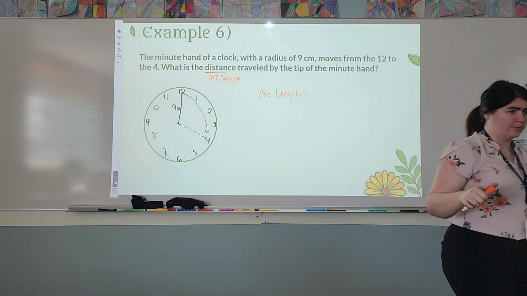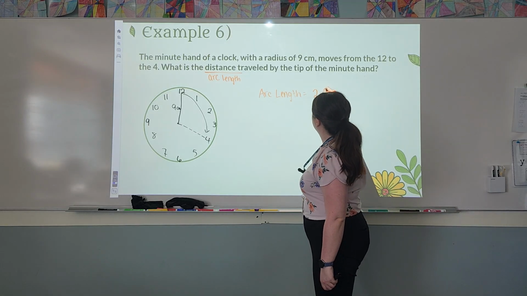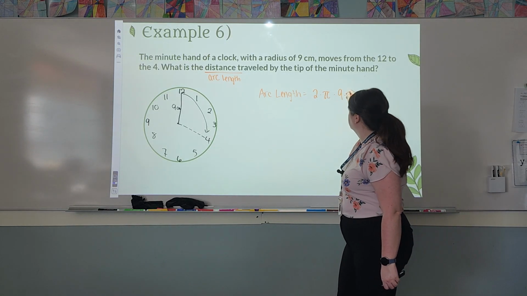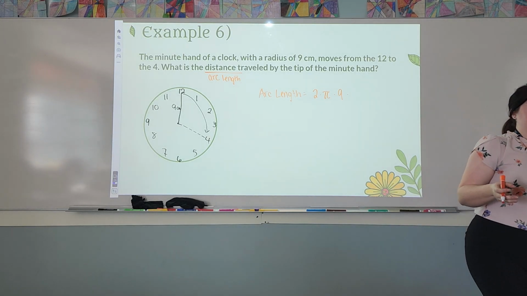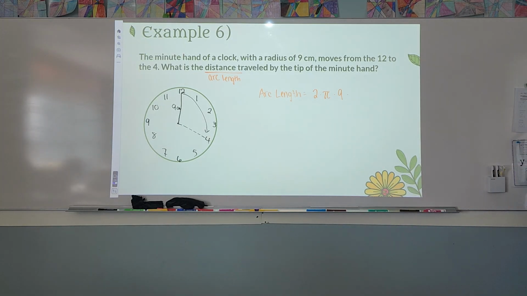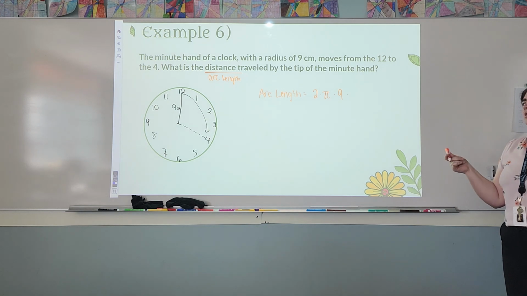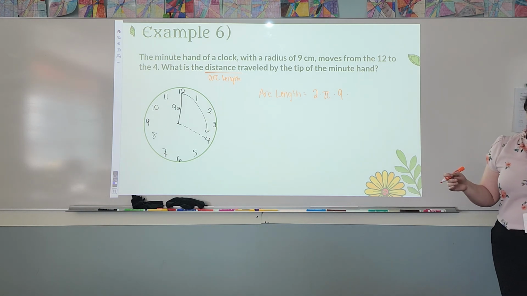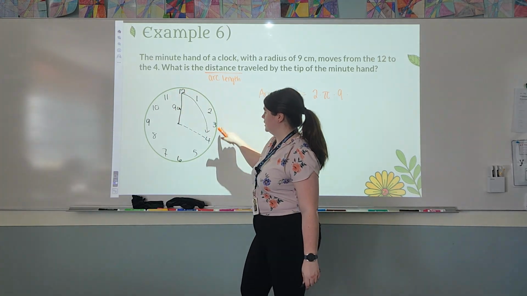We're going to use the same formula. So we have 2 times pi times the radius, which we know to be 9, times previously we had the degrees out of a total 360 degrees. We don't have degrees for this clock. Could we figure them out? Yes. We are not going to need them because we know that we went from 12 to 4.